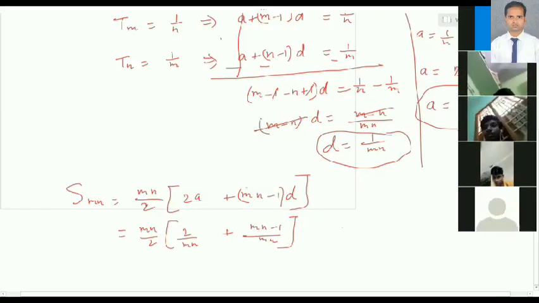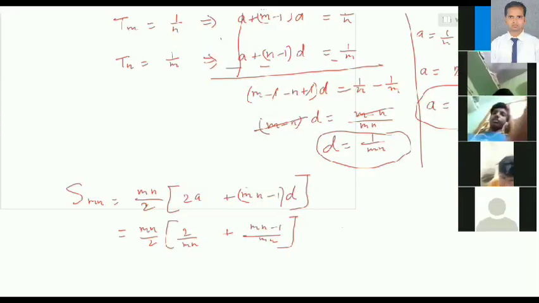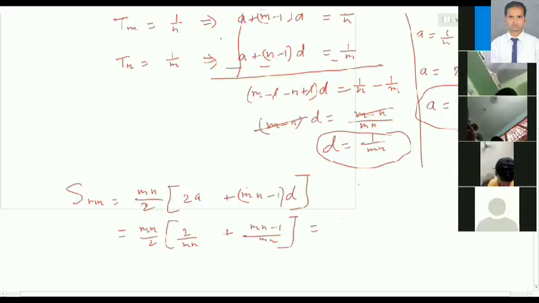Mn and mn will be cancelled out if you take LCM. Here you will get mn divided by 2, bracket mn plus 1, divided by mn.